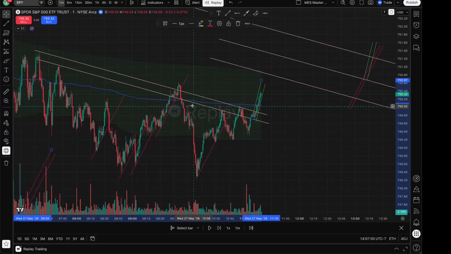But we're waiting for a much larger cup and handle. The probability that this would continue going in that direction is smaller because we don't have the confirming structure of a cup and handle. So, if you know what you're doing, you could have taken that. I don't, so I'm being a little more patient.